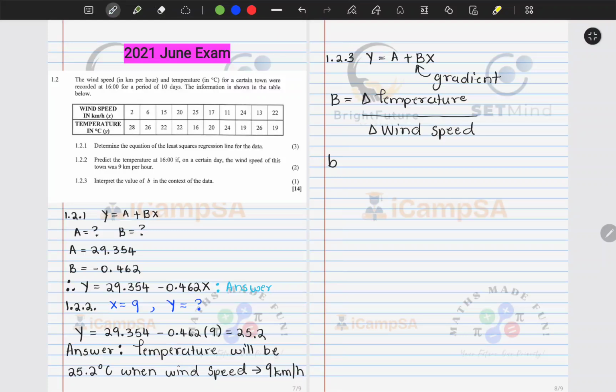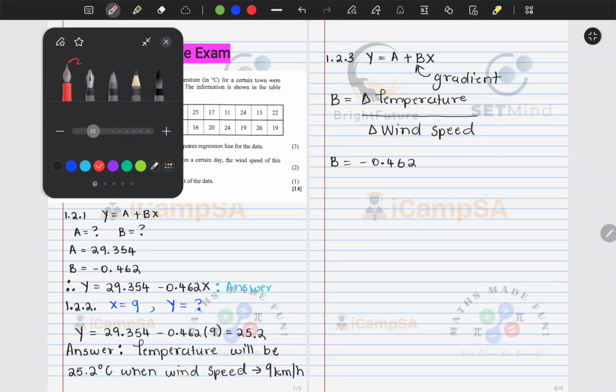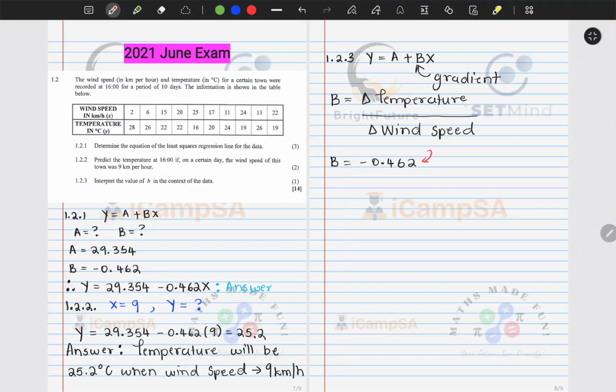But if we observe carefully, you'll see that the B for our case, because they are saying we need to interpret rather than describe, the B is negative 0.462. So if you look carefully, it means our gradient is decreasing. Okay, so what this means is that our temperature is decreasing with respect to speed.